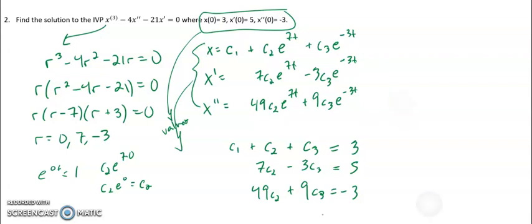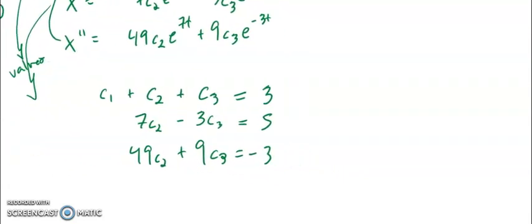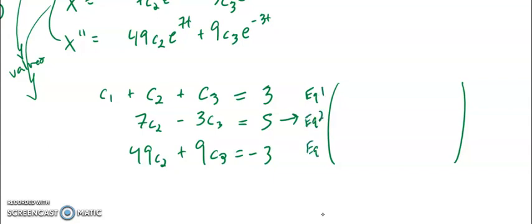So I'm going to build out a matrix where this is equation 1, equation 2, equation 3, and then C1, C2, C3.